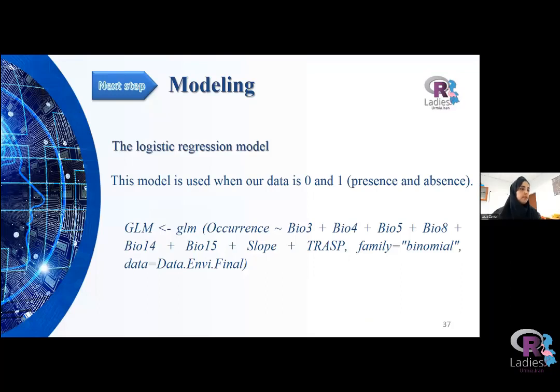The next step is modeling. The logistic regression model. This model is used when our data is 0 and 1, presence and absence. This command includes the presence and absence of the species and the values of the environmental variables that are not collinear.